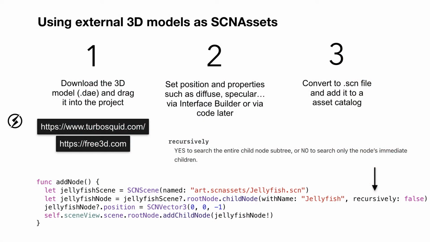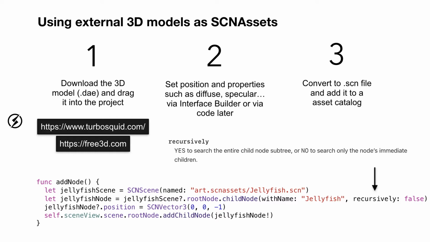If you want to use an external 3D model, let's suppose you want to make a Transformer, you're going to spend your whole life trying to design that with spheres and planes and cylinders. Instead, you can go on a website, for example TurboSquid or Free3D or many other websites, and just download the 3D model.